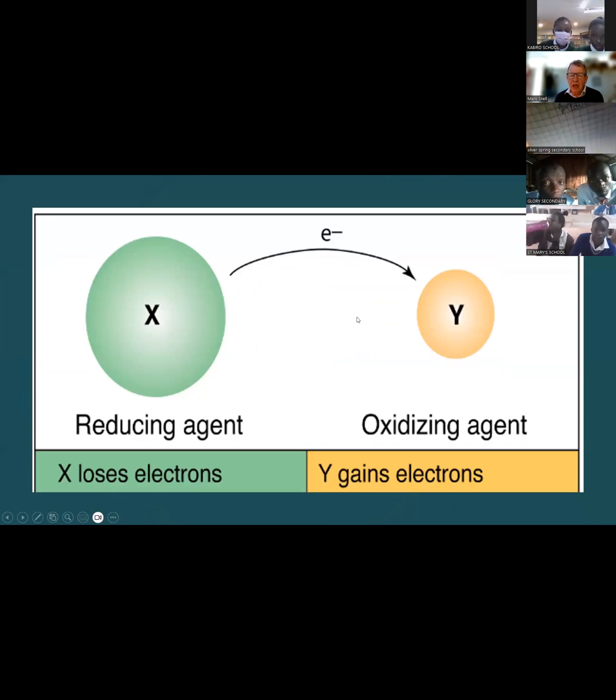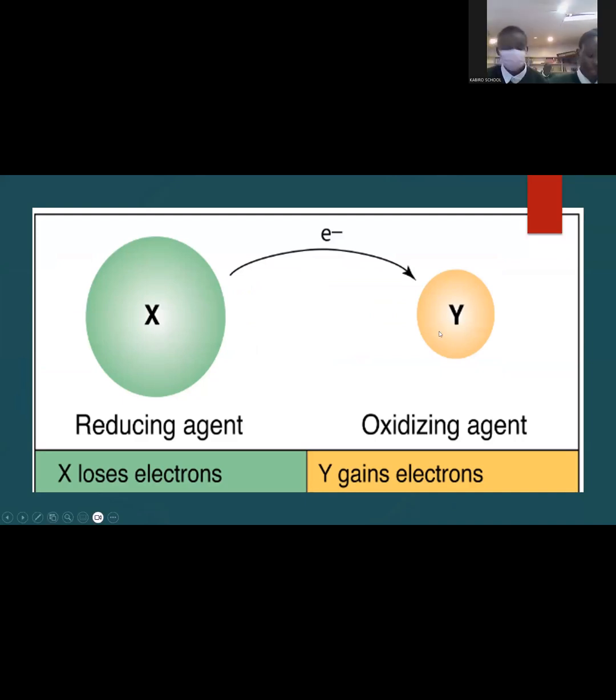The other thing you need to know is what a reducing and oxidizing agent is. If X gives electrons to Y, then Y must be gaining electrons. Remember, if it gains electrons, GER, it must be reduction.